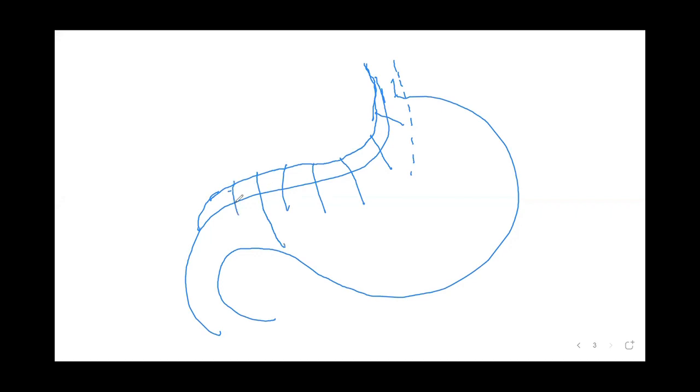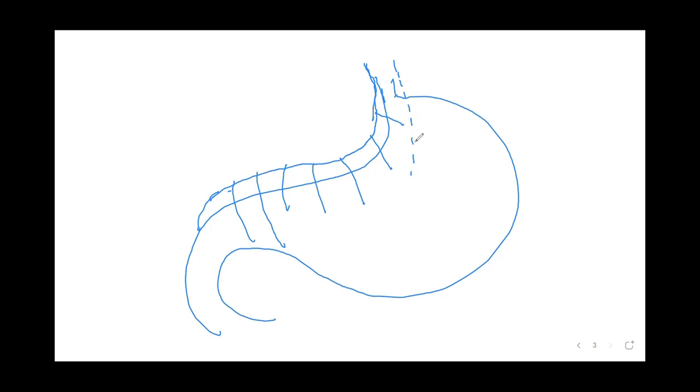This nerve of Latarjet is the one that supplies the pyloric antrum, and it is responsible for motor and secretory function of the pyloric antrum. Okay, don't forget the nerve of Latarjet is the terminal branch of the anterior vagus.